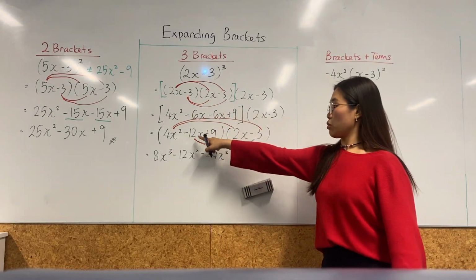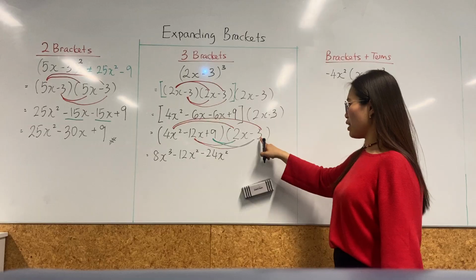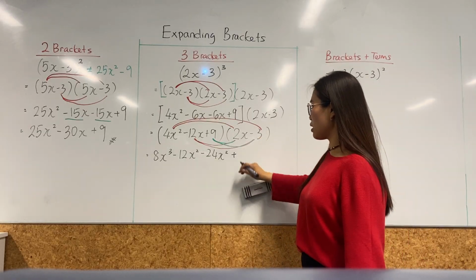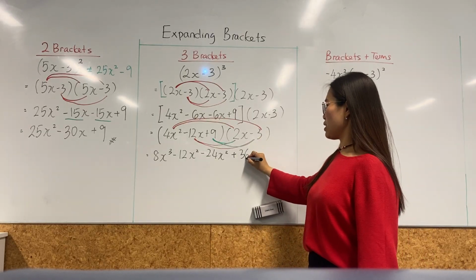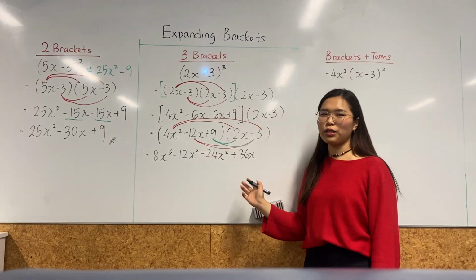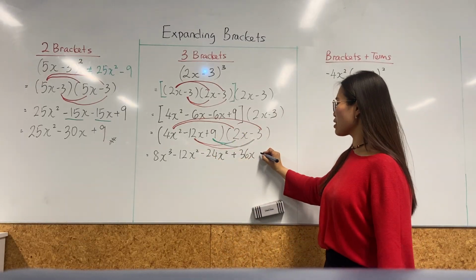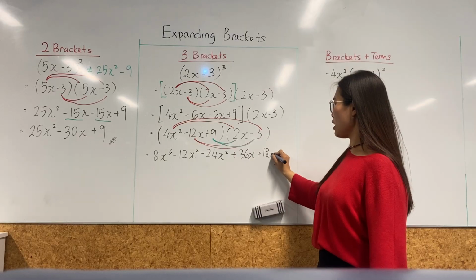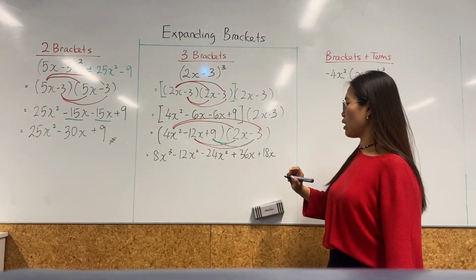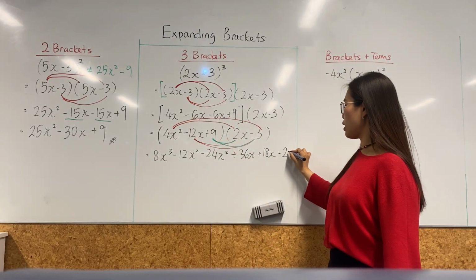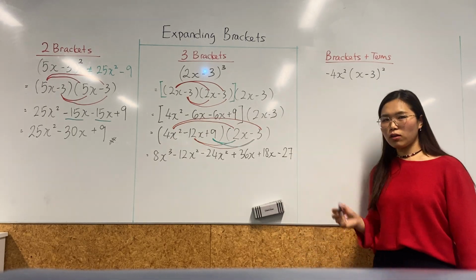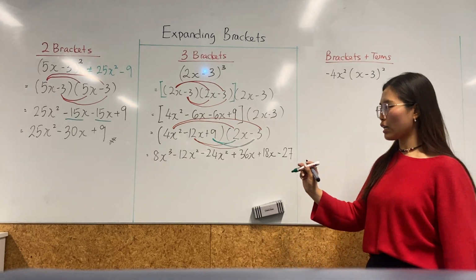Negative 12x times negative 3 is positive 36x. Still going on, we have 4 terms, 2 more to go. Positive 9 times 2x is 18x. Positive 9 times negative 3 is negative 27. So long, okay? We're going to start collecting things.